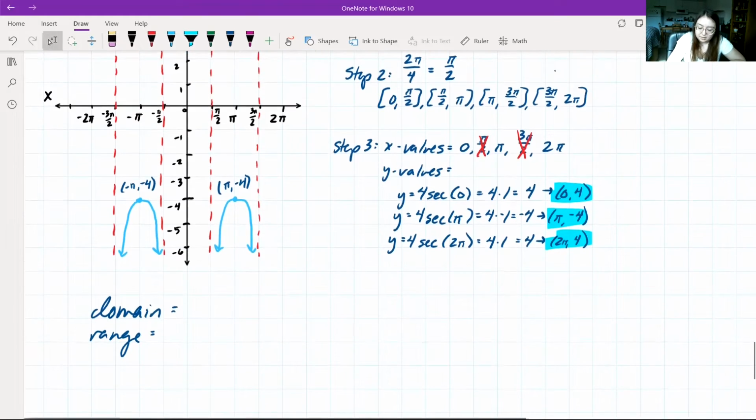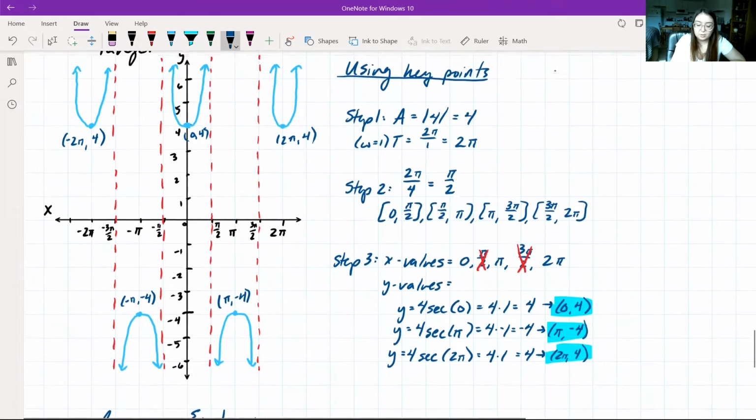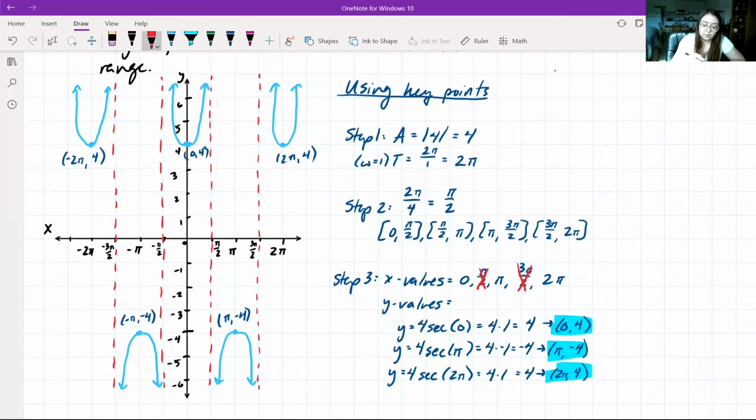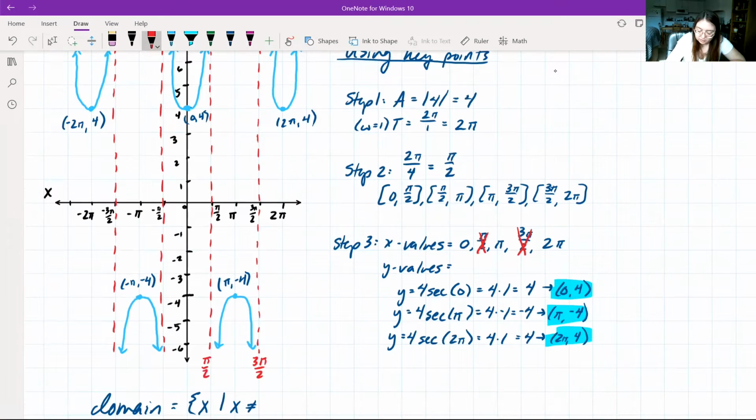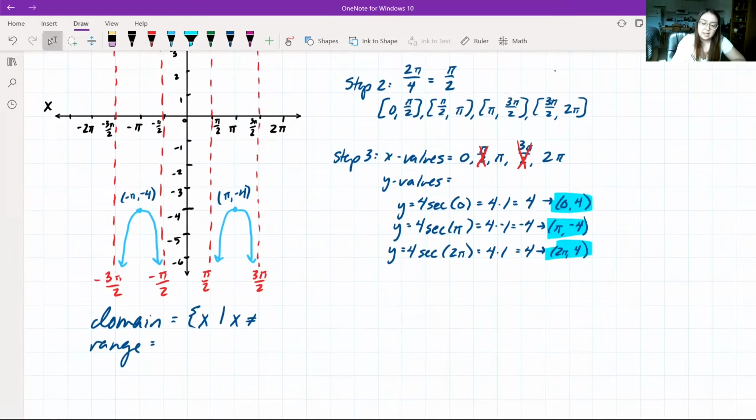So our domain we write as x, where x has the property, and we're going to say x can't be equal to the values that we see on our vertical asymptotes. So our vertical asymptotes are 3 pi over 2, pi over 2, negative pi over 2, and negative 3 pi over 2. So we see that these are going to be integer multiples of pi over 2, but more specifically, they're odd integer multiples of pi over 2.